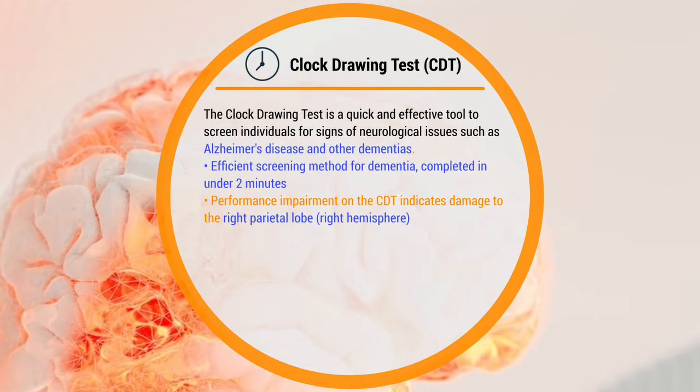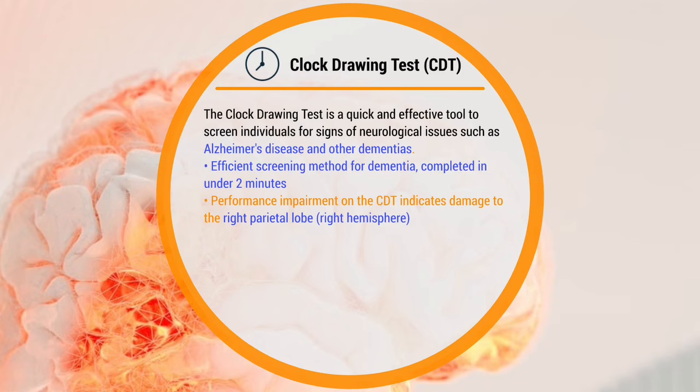All right, what is it? Well, it's simple. The clock drawing test is a quick and effective tool to screen individuals for signs of a neurological issue. We're screening those with dementia, Alzheimer's, right? It's so effective that we use it in practice often.